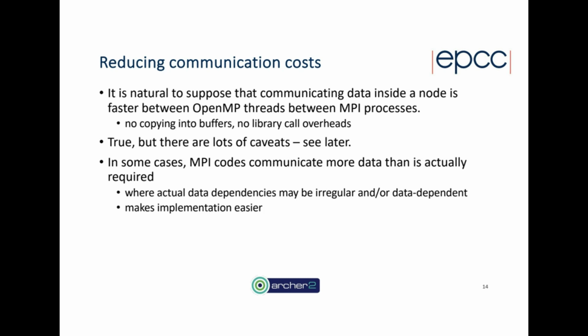Does my neighboring process really need this? Well, it depends on where this particle is, and we don't necessarily know. So in order to make implementation easier, a lot of MPI codes end up communicating data that's never actually used on the recipient process.